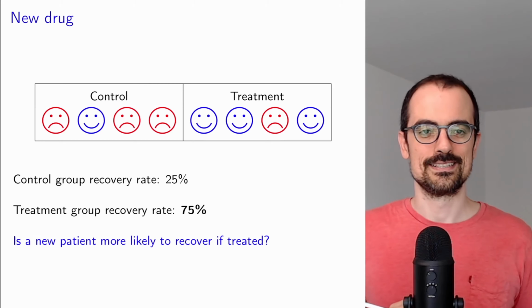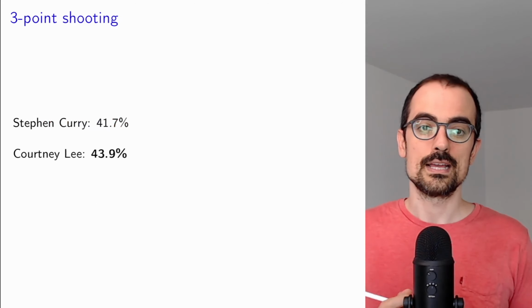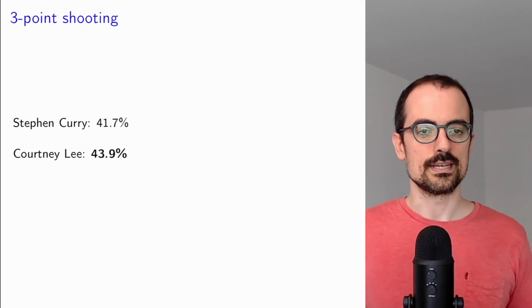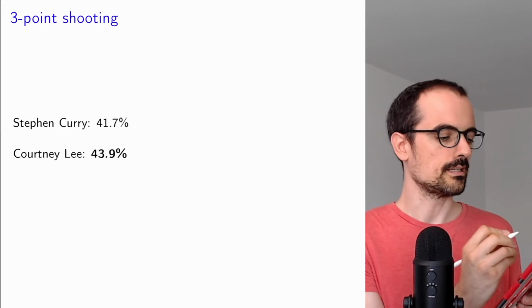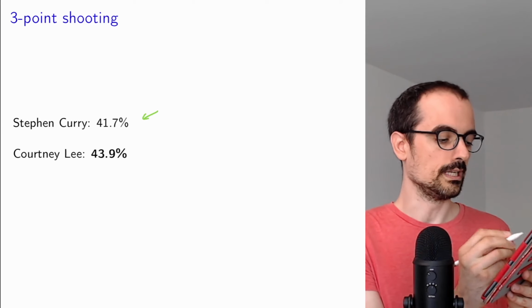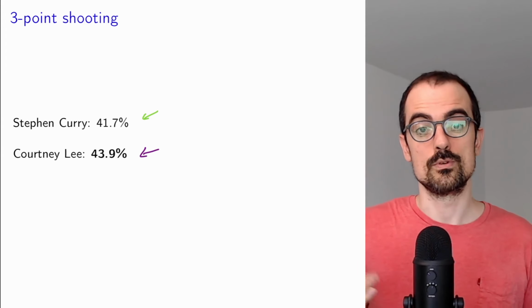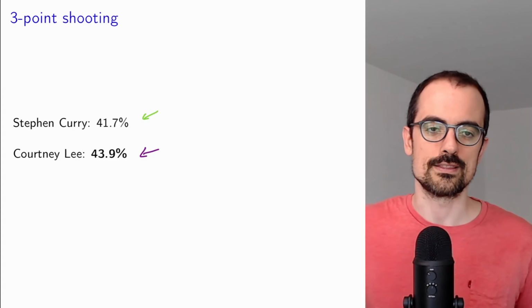The question that we're after is whether a new patient is more likely to recover if we give them the medicine. The second example that we're going to consider are NBA players shooting three-pointers. This is the three-point percentage over the 2015 season, I believe, for Stephen Curry and for Courtney Lee. We see that Courtney Lee's three-point percentage is higher, 43.9%, higher than Stephen Curry's.